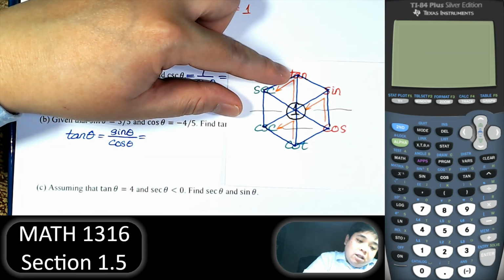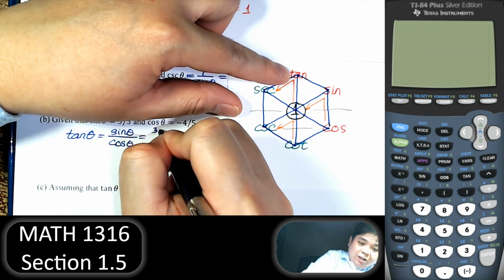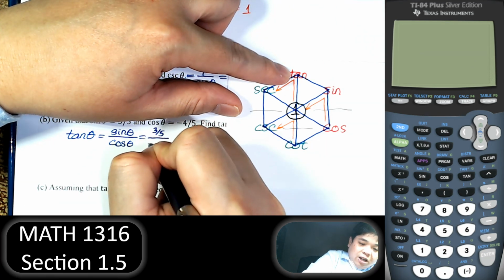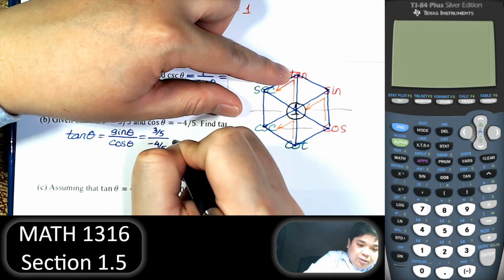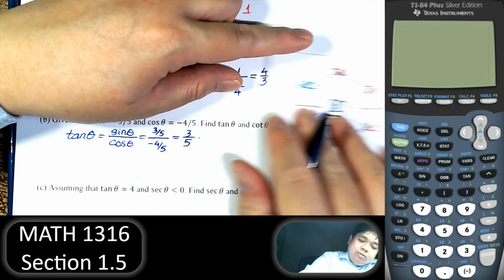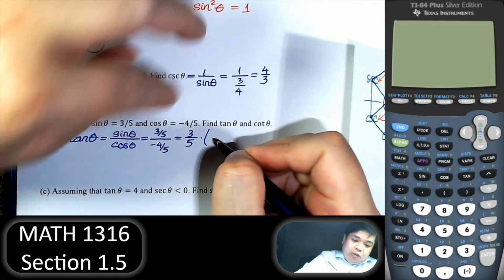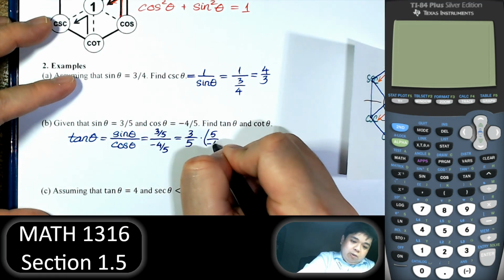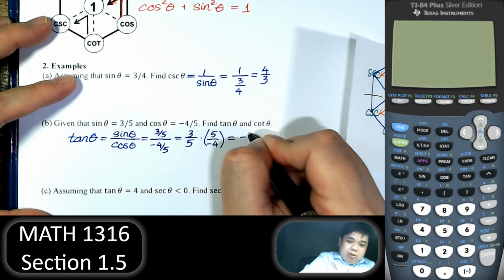Sine is 3/5. Cosine is negative 4/5. Multiply by the reciprocal. I will flip this: 3/5 divided by negative 4/5 is 5 divided by negative 4 times 3/5. So that gives us negative 3 over 4.